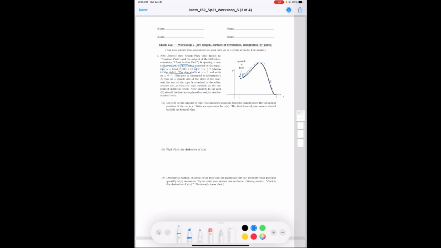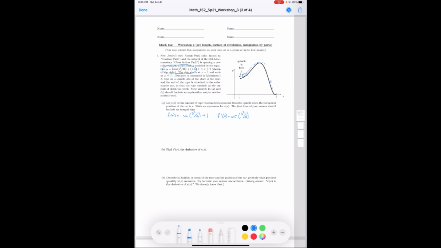So we know what the formula for arc length is, and we know that in order to use it, we're going to have to find the derivative and square it, add one, and then put it under a radical sign. So let's start with f of x equals sine x squared over 10 plus 1. That's going to give us f prime of x is going to equal cosine of x squared over 10.